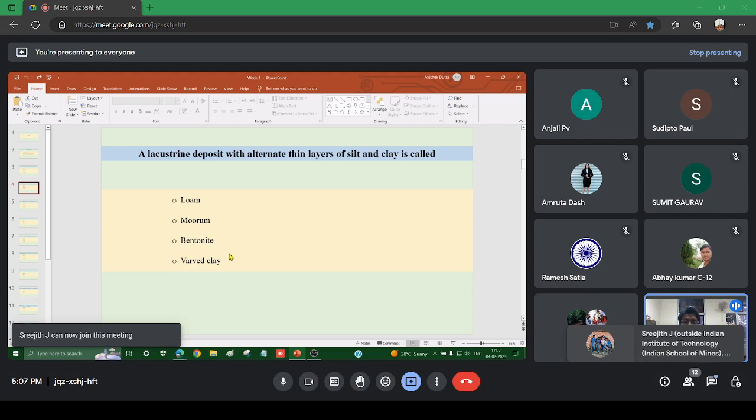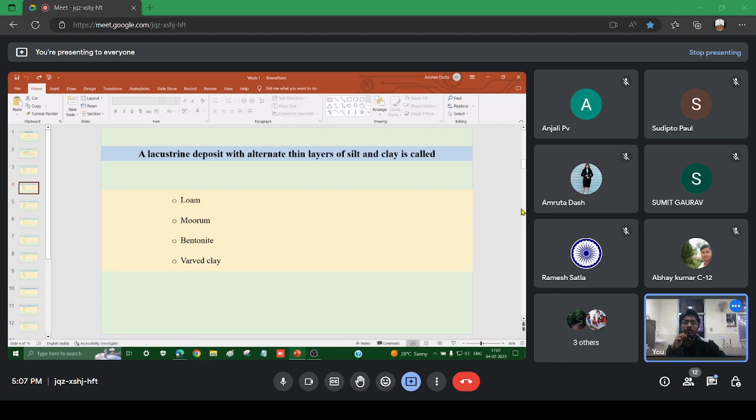I repeat the question. A lacustrine deposit with alternate thin layers of silt and clay is called. The options are loam, muram, bentonite, and warped clay.